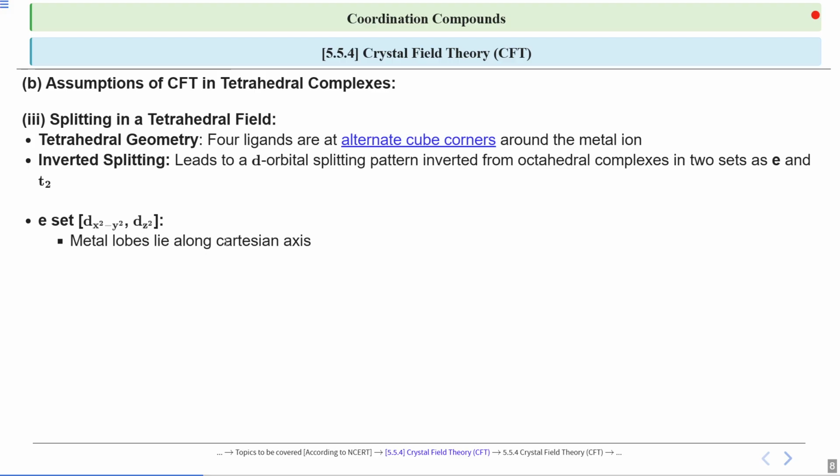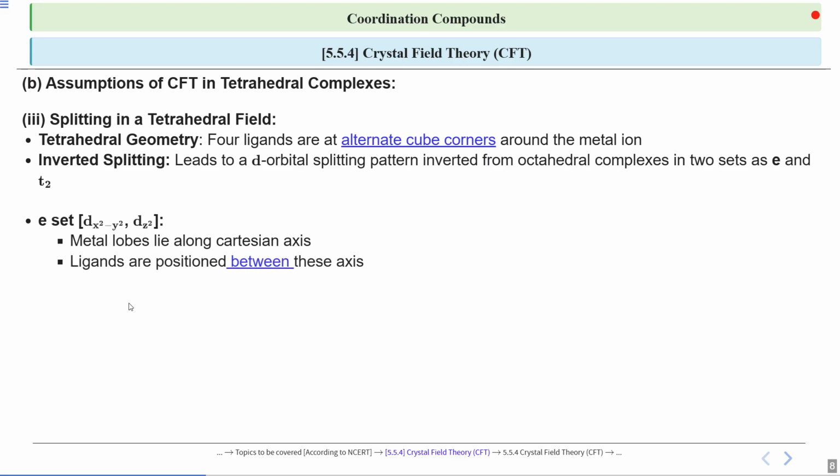Here, the metal lobes lie along the Cartesian axis. Cartesian axis, we are considering x, y and z axis in the 3D plane. So the metal d orbital lobes lie along the Cartesian axis in the E set of the tetrahedral field.